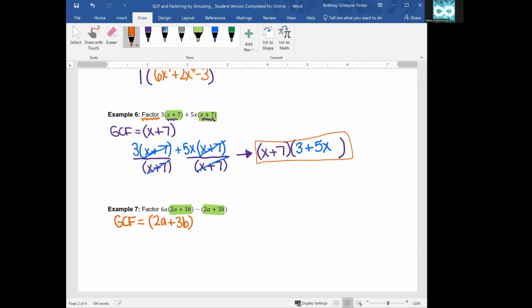And since we're trying to factor this out, we're going to take our original problem as it was given to us, and we're going to divide each of our terms by that GCF, that parenthesis, of 2a plus 3b.